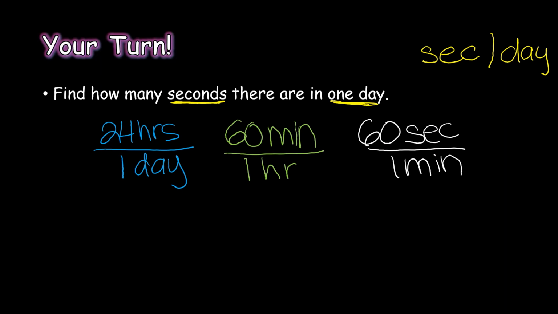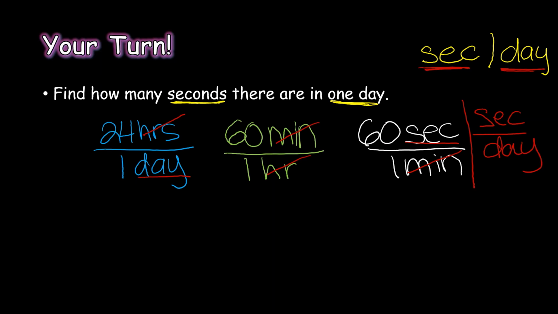And now we just have to cross off what we don't need. So we just have to leave seconds and days. So we don't need the hours and we don't need the minutes. So now we are only left with the day and the seconds. So we know that we have set up our dimensional analysis correctly because it's going to be seconds on top and days on the bottom, so seconds per day.